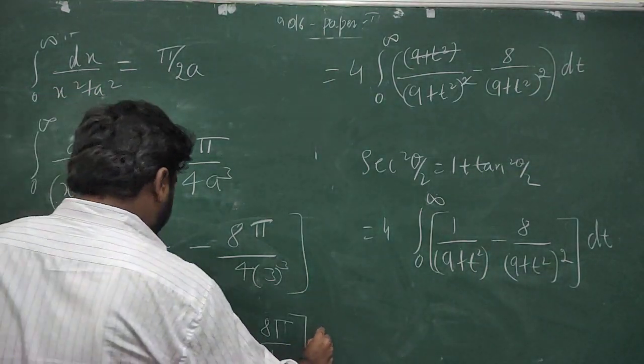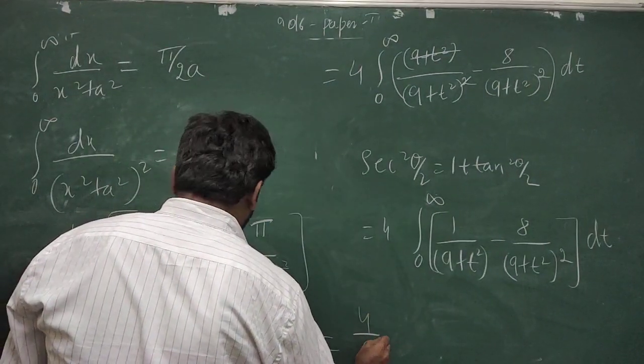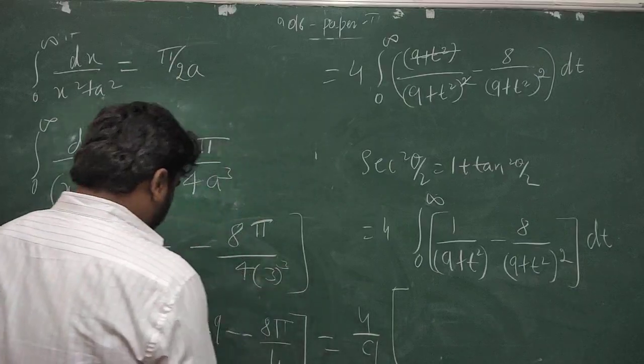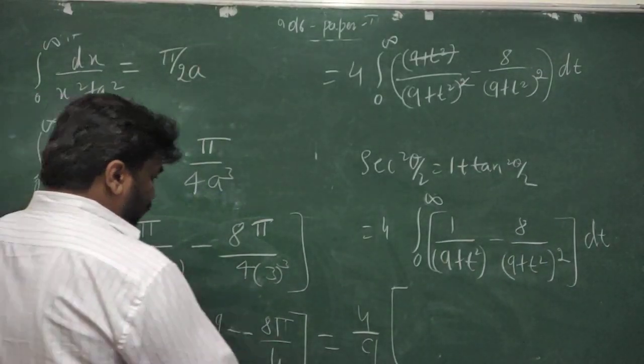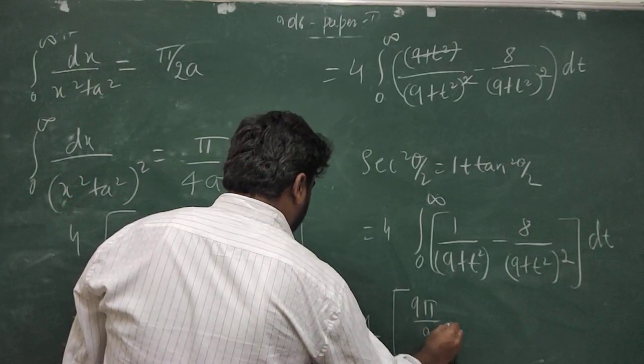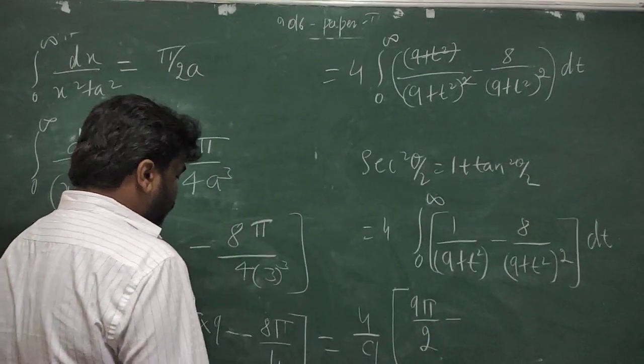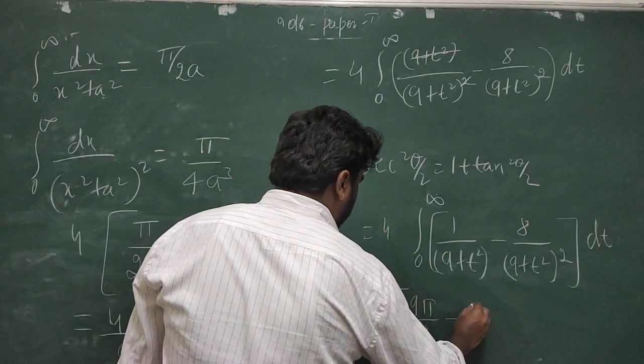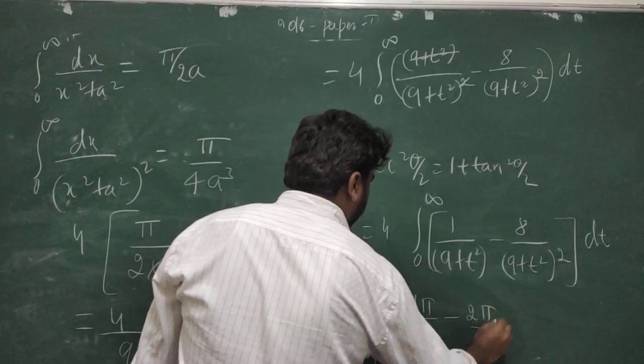So which is equal to 4 by 9 pi minus 2 pi.